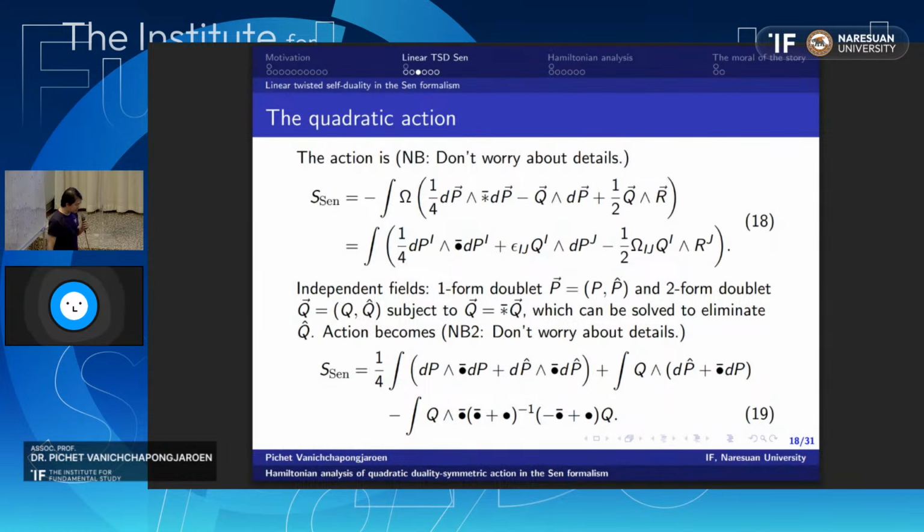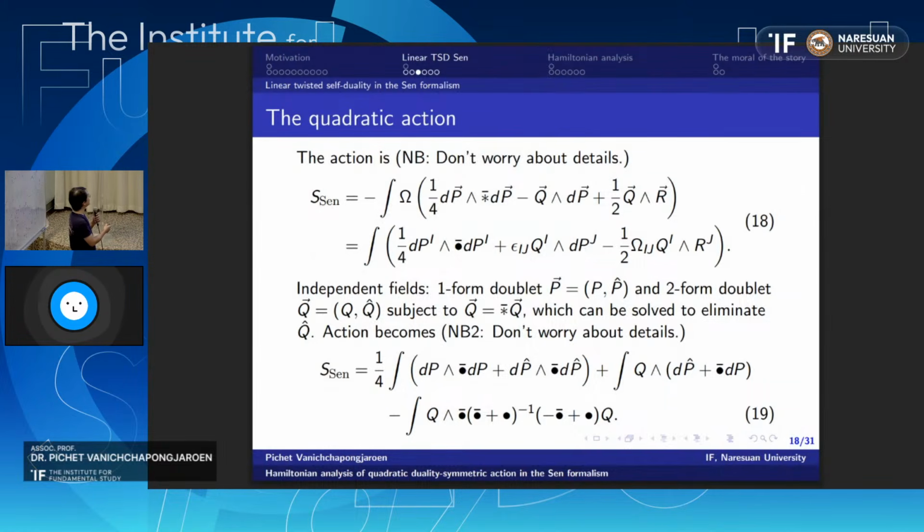And the action can be written down; I believe that is pretty much already in the paper by Professor Sen, one of the original papers already. So yeah, don't worry about what it looks like.